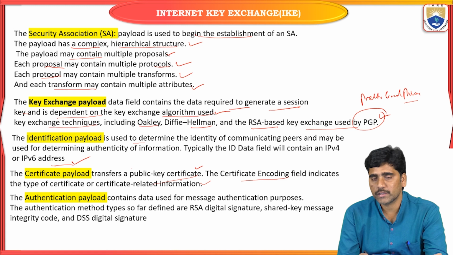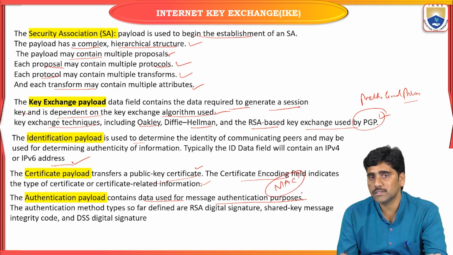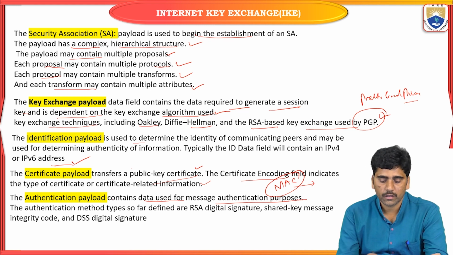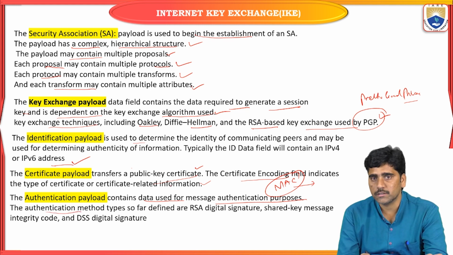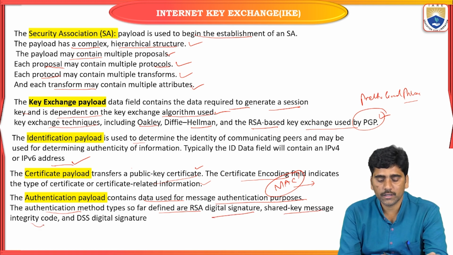The authentication payload contains data used for message authentication purposes, so we are generating message authentication codes as well. The authentication method types defined so far are RSA digital signature, shared key message integrity code, and digital signature.